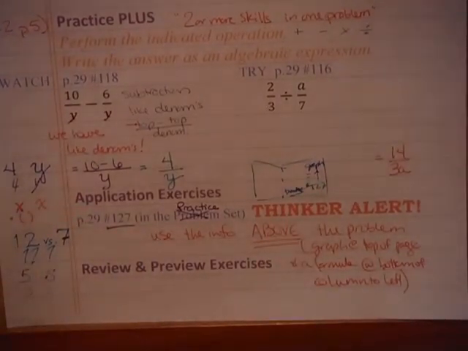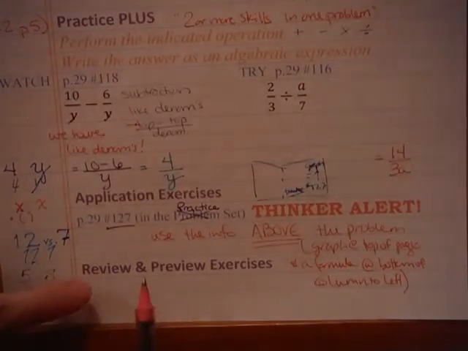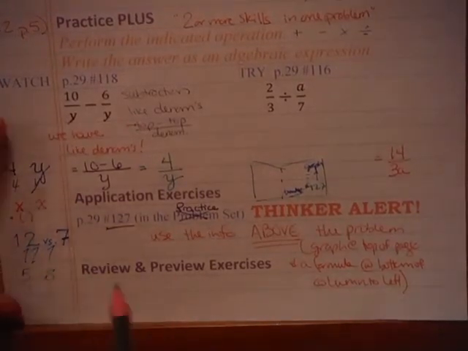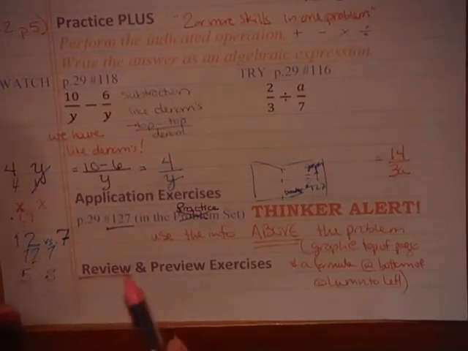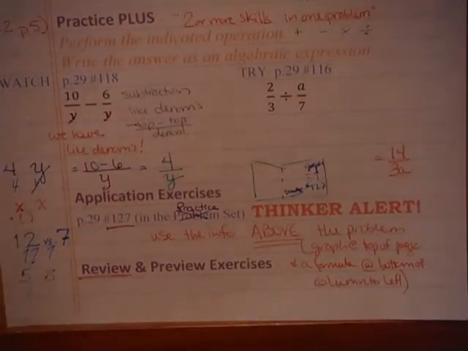So the review and preview exercises, now that we're in the second section of the book, you get a chance to kind of keep things fresh. Everybody learns slightly differently, but typically what our brains do is, as we process information, if we understand something, then when it's time to learn something new, meaning moving on to a new section, our brains are able to then solidify the old information.